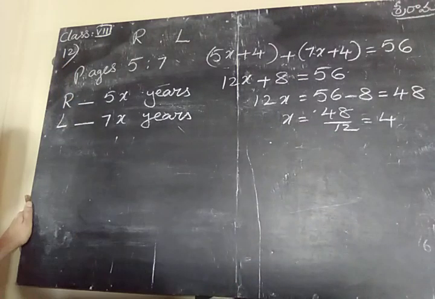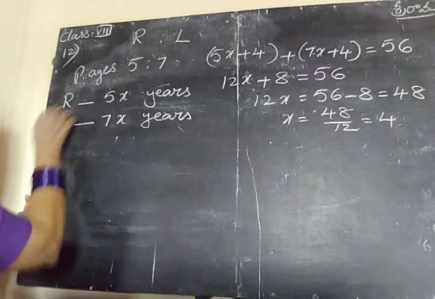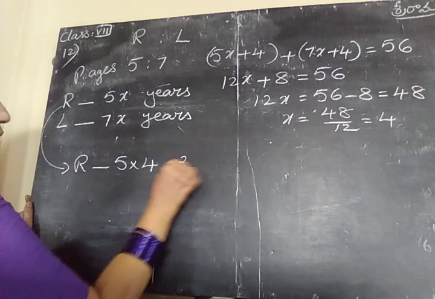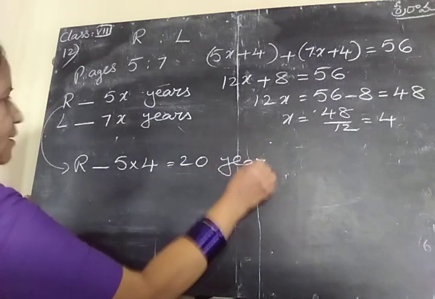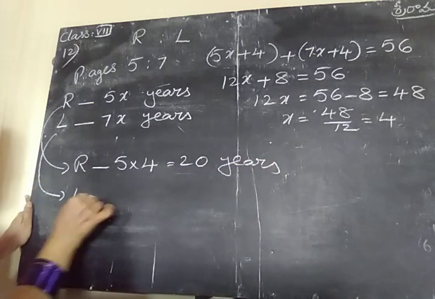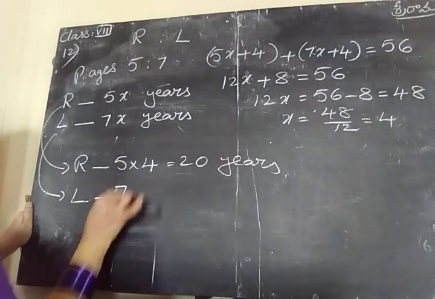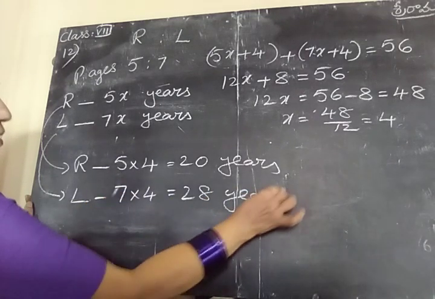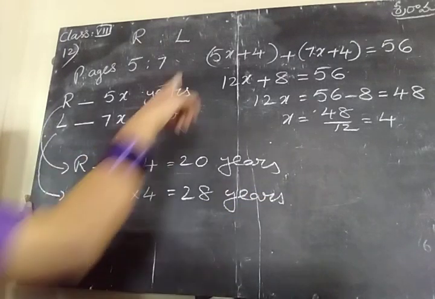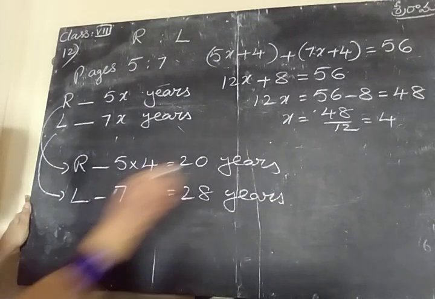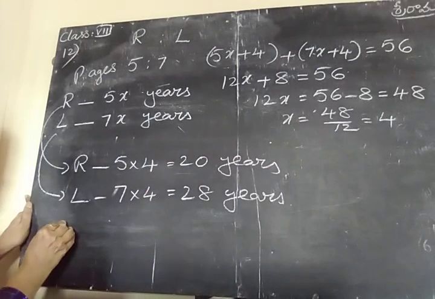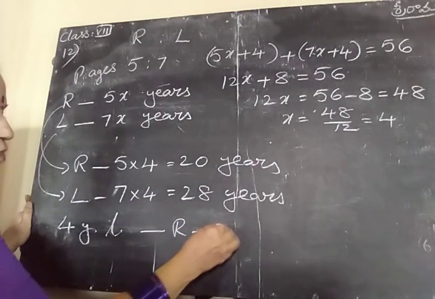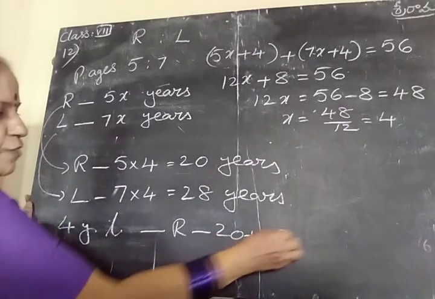Now, the present age of Rahul: 5 into 4, 20 years. And Lakshmi's present age: 7 into 4, that is 28 years. 4 years later you can check it. 4 years later Rahul's age is 20 plus 4, 24.